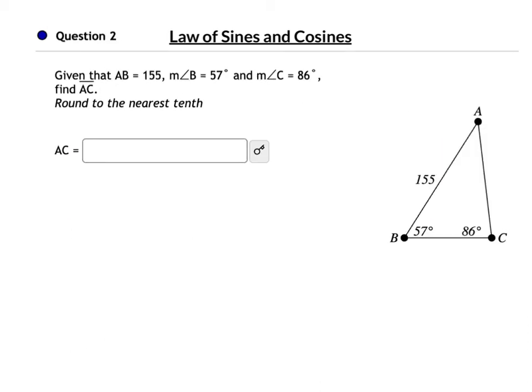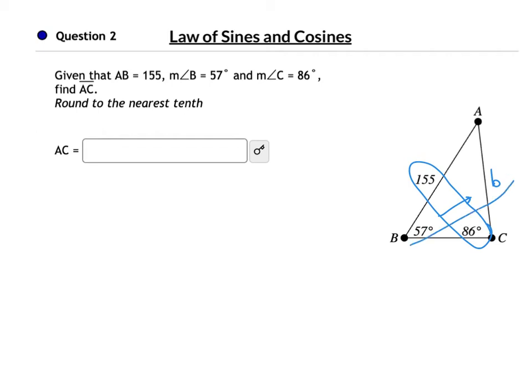Question 2. We've got AB is 155, that the measure of B is 57 degrees, and the measure of C is 86. Find AC. Since that's opposite B, I'm going to call it little b. And it looks like we have two pairs of opposites again. We have 155 and 86. Those are opposites.